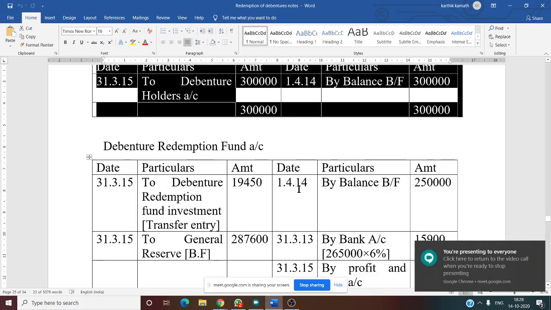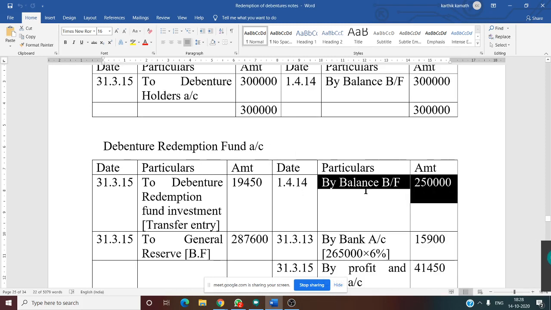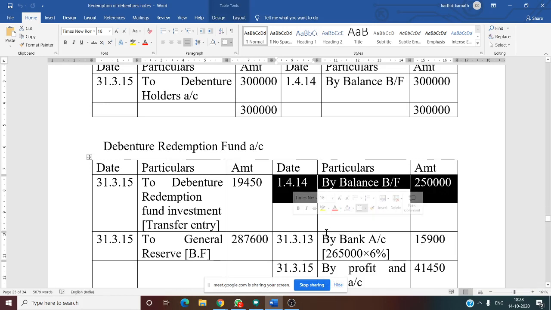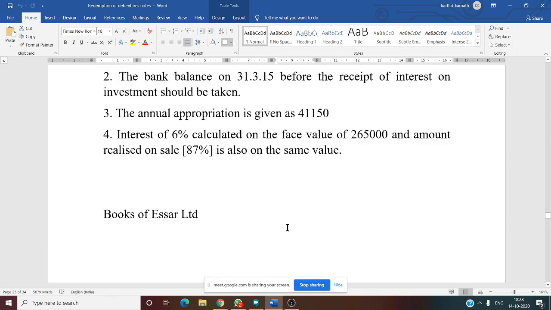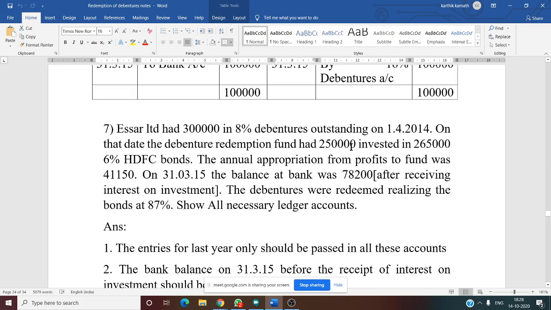So now, in the debenture redemption fund, we know it has a credit balance. Where is this balance information given? By balance brought forward. We need to prepare all accounts only for the last year. Where is this information given? 2,50,000. If you see the question properly, they said the debenture redemption fund had 2,50,000.